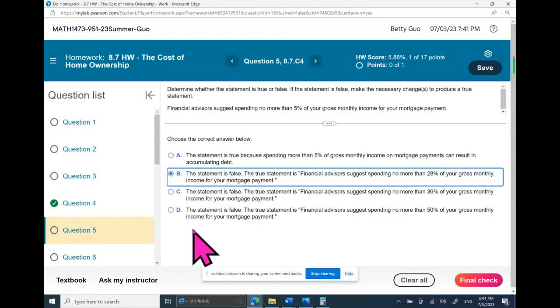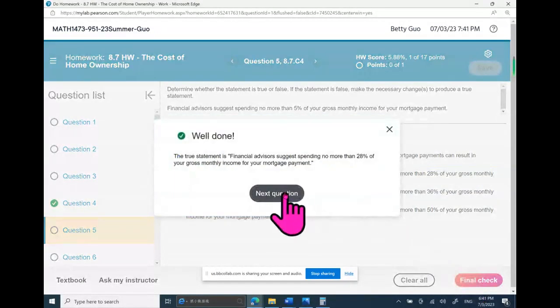You can find the information in our guided notes, by the way. The statement is false. The true statement is financial advisors suggest spending no more than 28% of your gross monthly income for your mortgage payment. Shy of 30%, 28%.